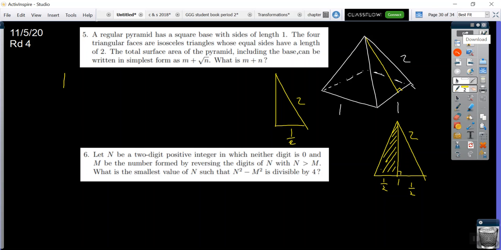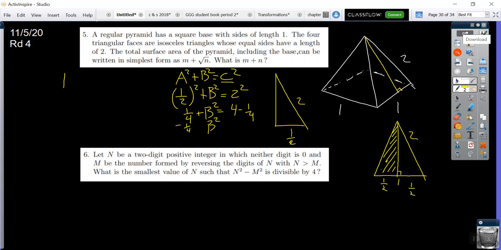So the Pythagorean theorem says a squared plus b squared is equal to c squared, where c has to be the longest side length. So we have 1/2 squared plus b squared is equal to 2 squared. Well, 2 squared is 4. 1/2 squared is 1/4. So subtract 1/4 from both sides, and b squared is equal to, well, that's 16/4 minus 1/4, so that's 15/4.